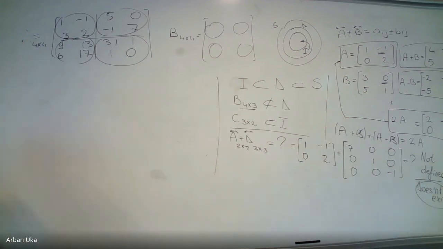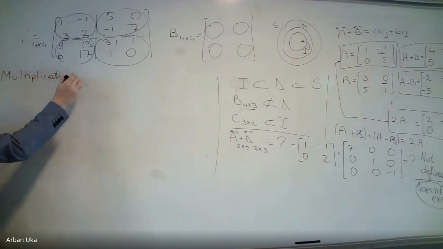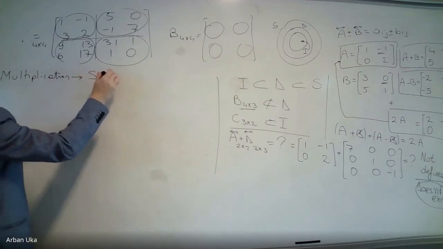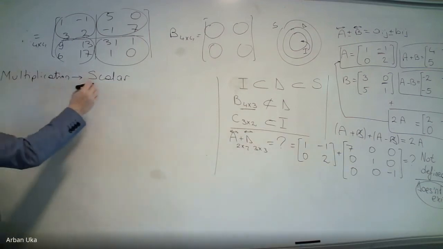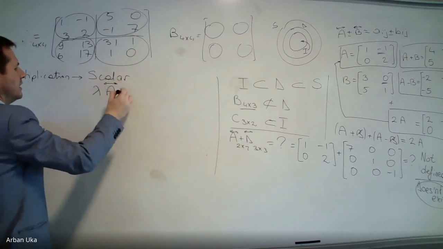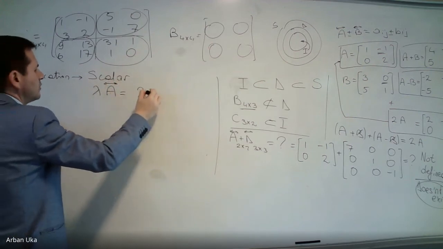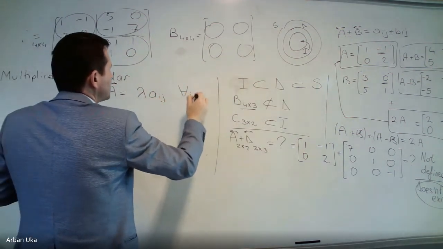We can define multiplication by a scalar. Multiplication by a scalar of a matrix corresponds to, for example, the scalar lambda times A. Lambda times A will be equal to lambda times Aij for all i's and j's.